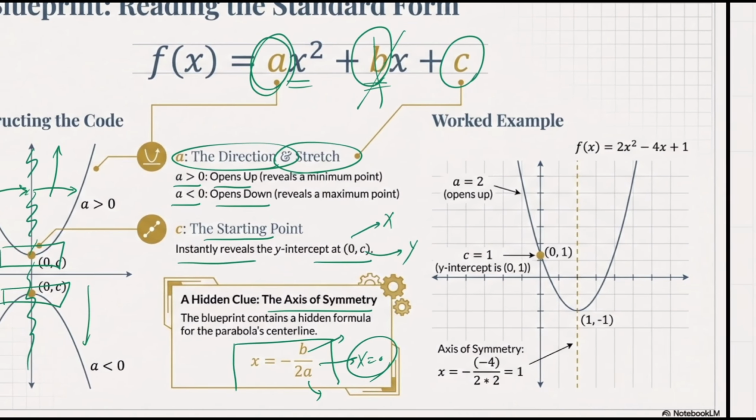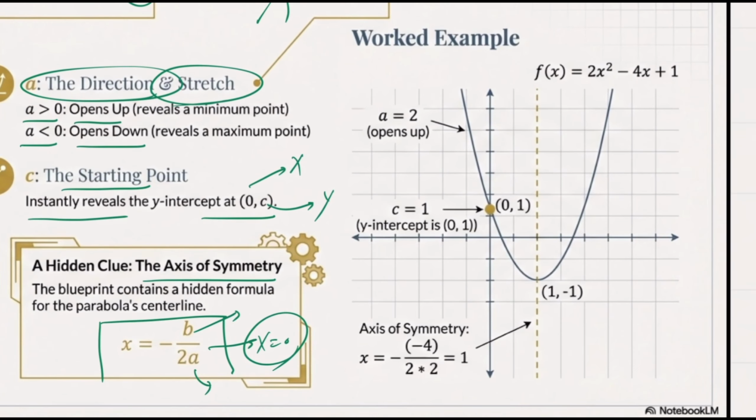So let's see an example. Imagine that I have f of x equals 2x to the power 2 subtracted by 4x plus 1, and somehow I would like to draw it. Again, we are not looking for the exact location or exact drawing, but this gives us some clue. So the very first part is about the a. As you can see, a is bigger than 0, and also it's bigger than 1.